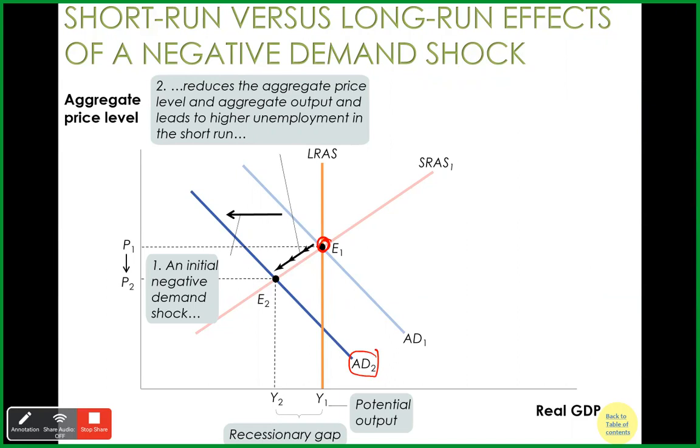Now, the economy is going to enter a recession, E2. The recession has two aspects. Number one, the output, or real GDP, is less than our potential.